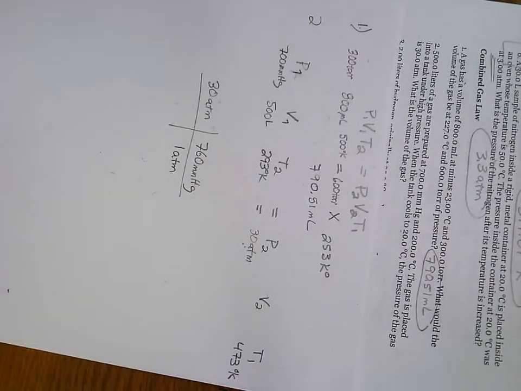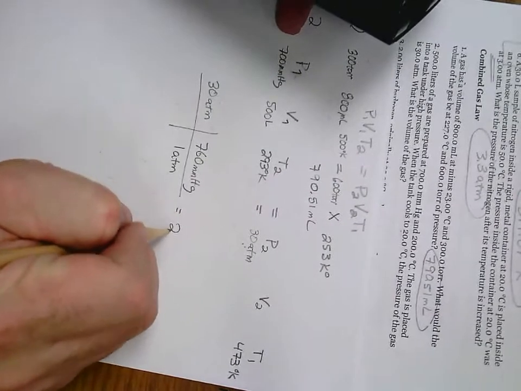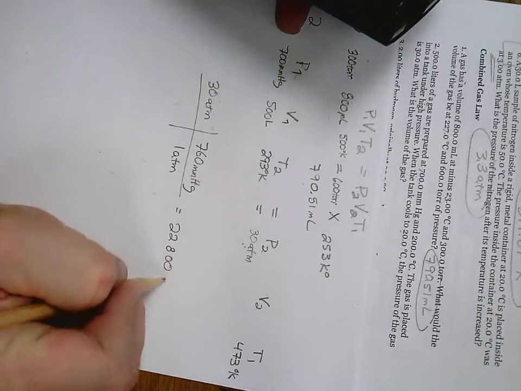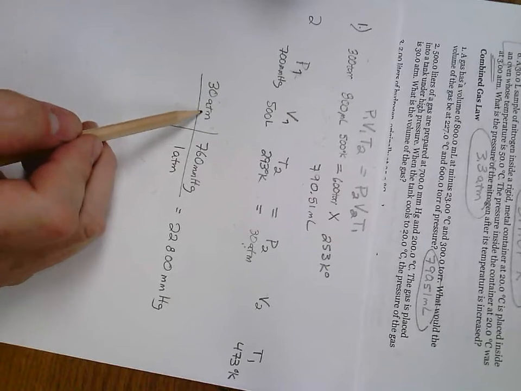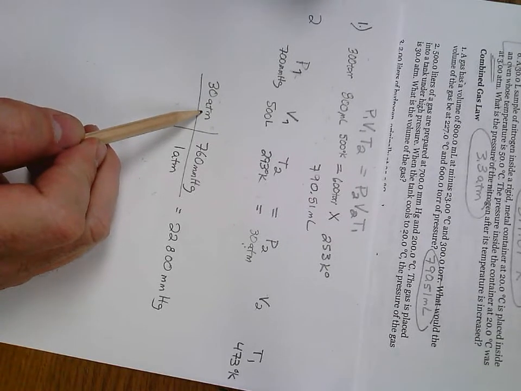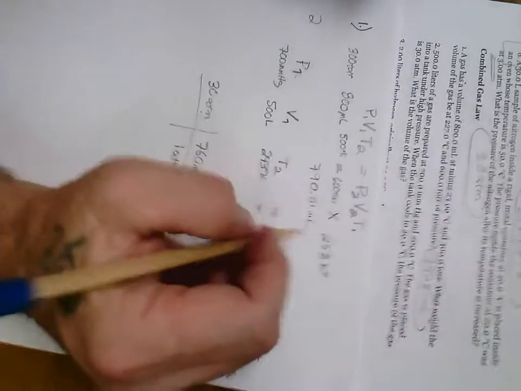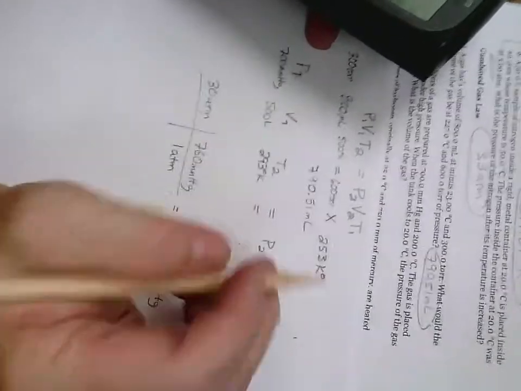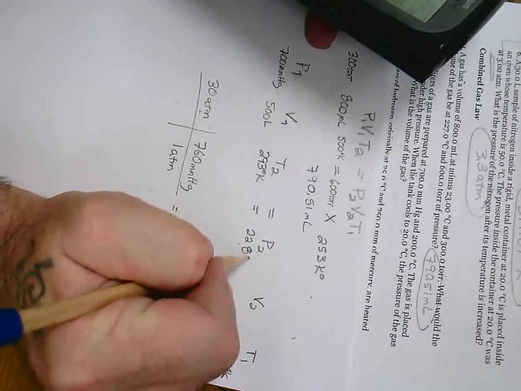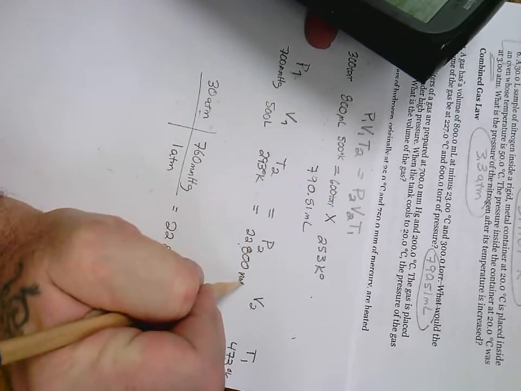So 30 times 760 is 22,800 millimeters of mercury, which seems like an exorbitant number, but you're talking about 30 atmospheres here. So it's not that crazy. So now I got to get rid of these atmospheres, add in these 22,800 millimeters of mercury.